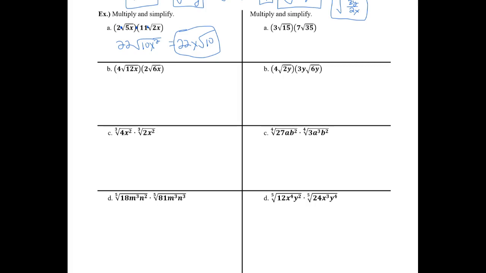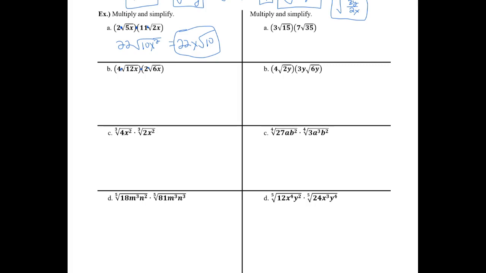Next, part B, I have 4 times the square root of 12x times 2 times the square root of 6x. Alright, same thing. This is all multiplication. I can multiply in any order I want. There's no plus and minus here. It's all multiplication.